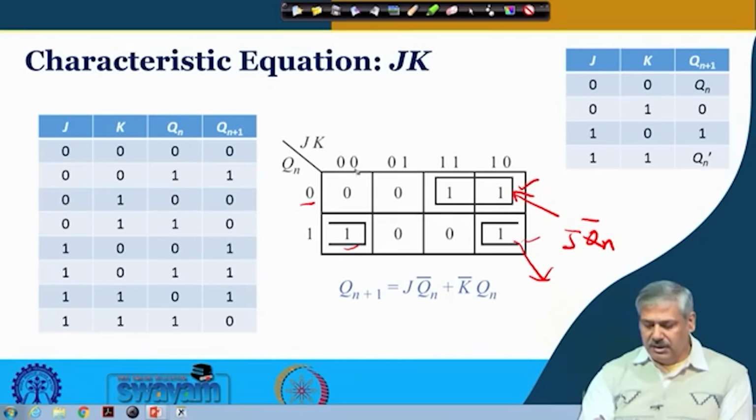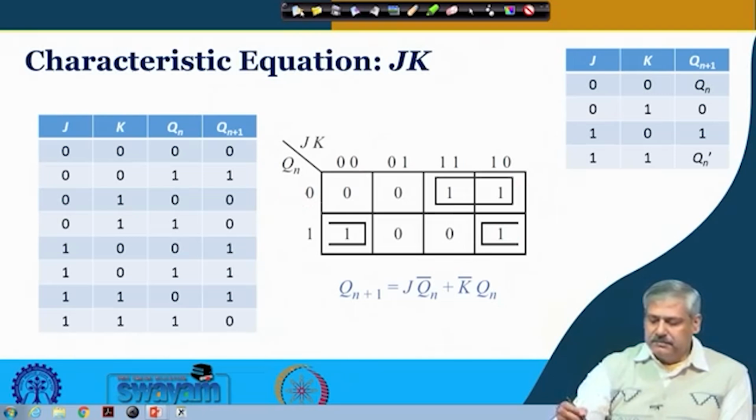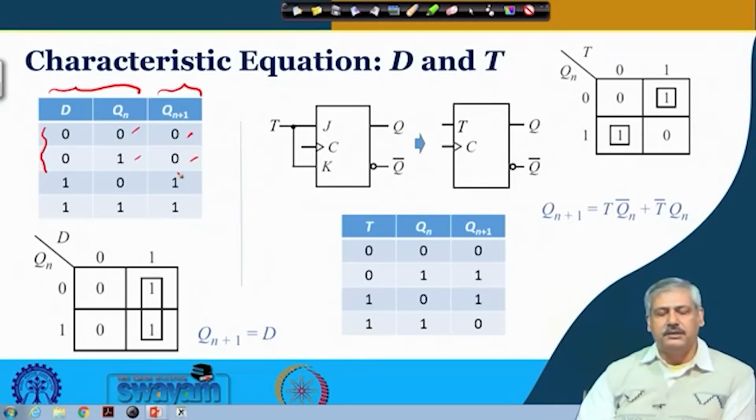So, this is K remaining with 0, so K bar, and Qn is with 1, so Qn. These two product terms, when you sum them up, give you the characteristic equation of JK flip-flop. Fine. Clear?